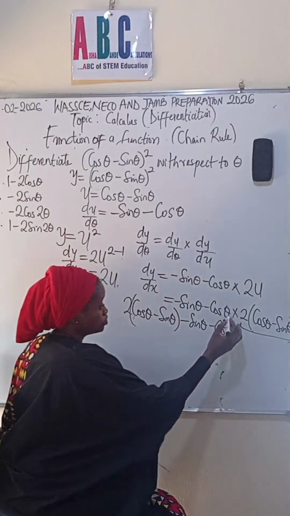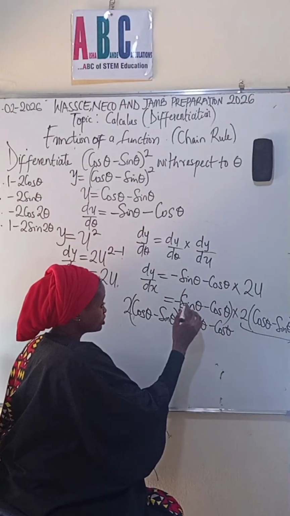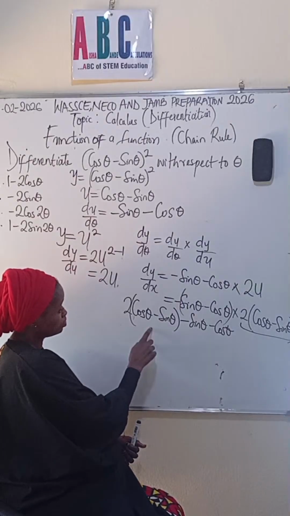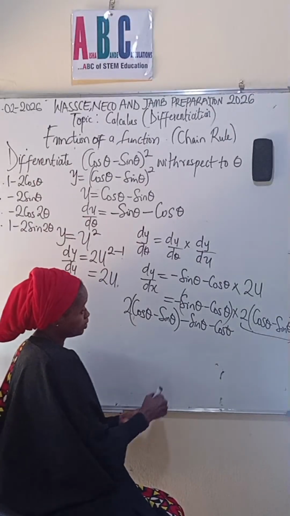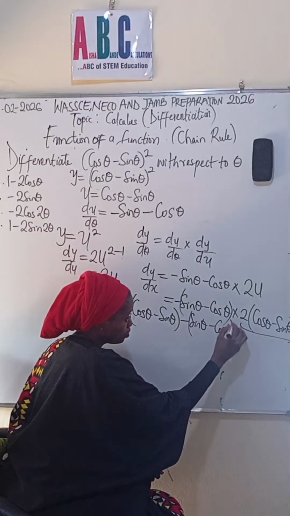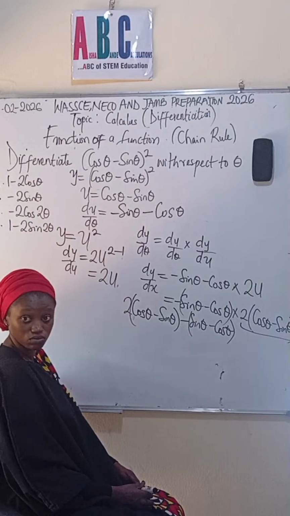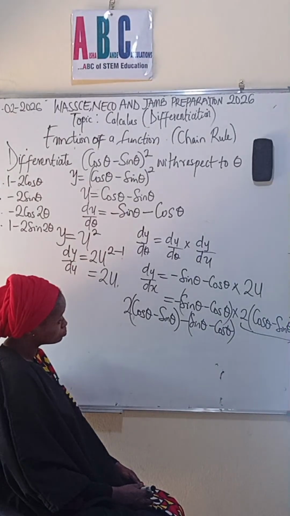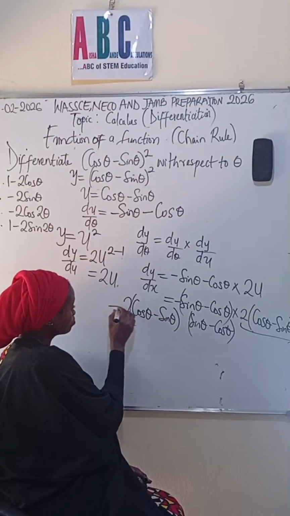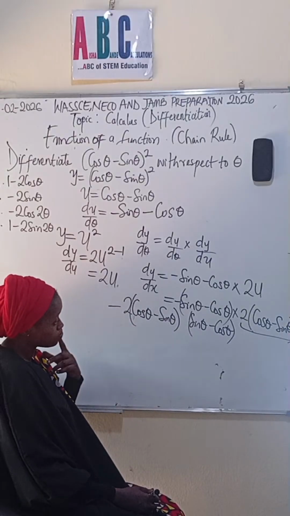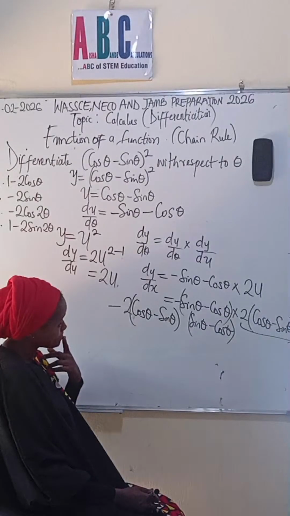You bring out the minus from the bracket, so you take the minus to that minus 2. If you simplify, that should be my final answer from earlier. You are supposed to be getting something like minus 2, cos theta minus sin theta, into bracket sin theta plus cos theta.